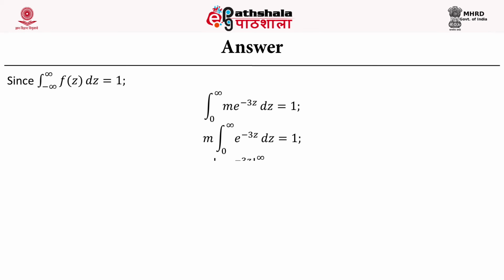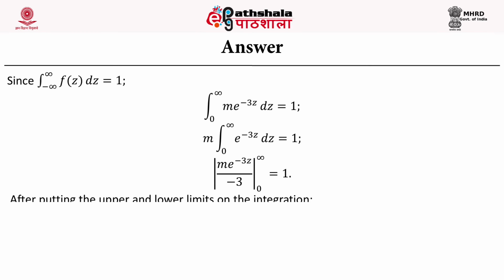We are interested in finding the unknown value of m. Using this property, after opening the integration and putting the range limits in the integrand, we get the value of m equal to 3.